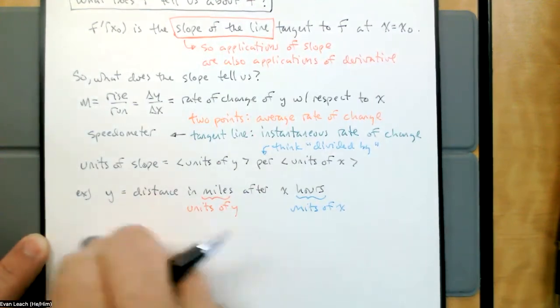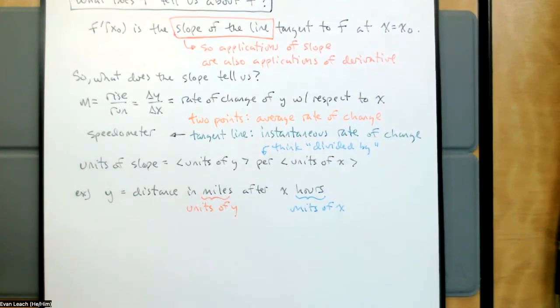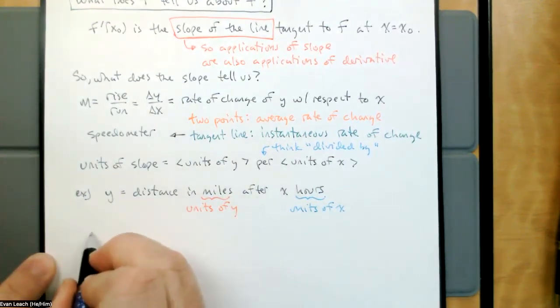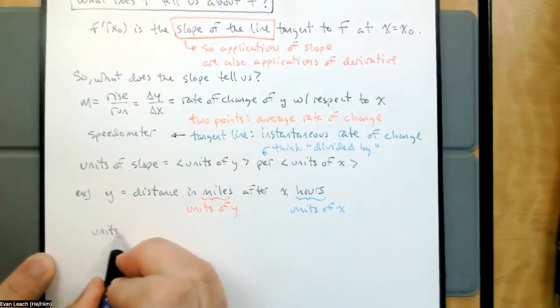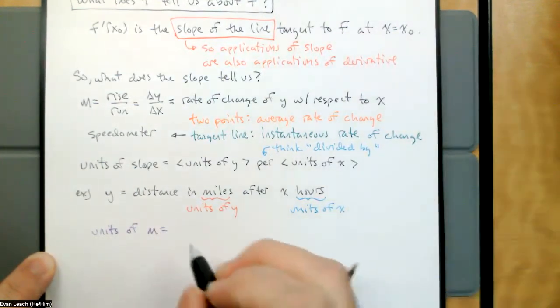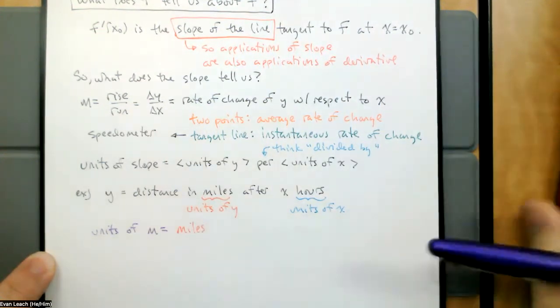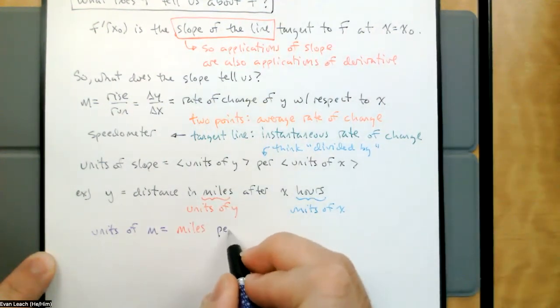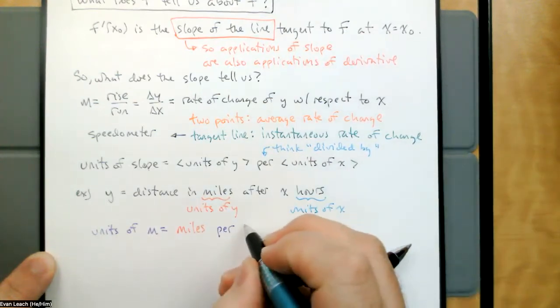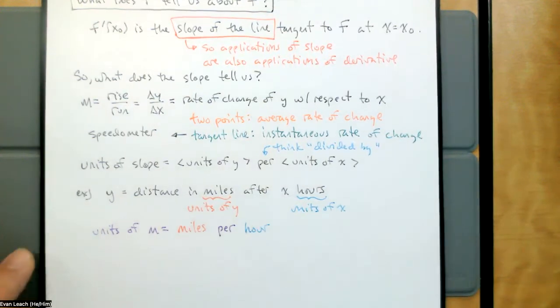So the units of the slope, right, the units of y per units of x.